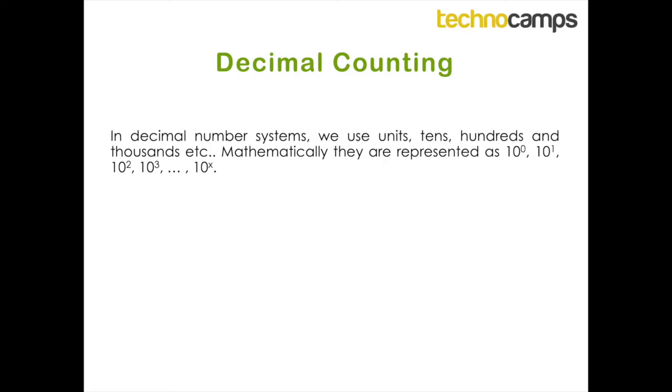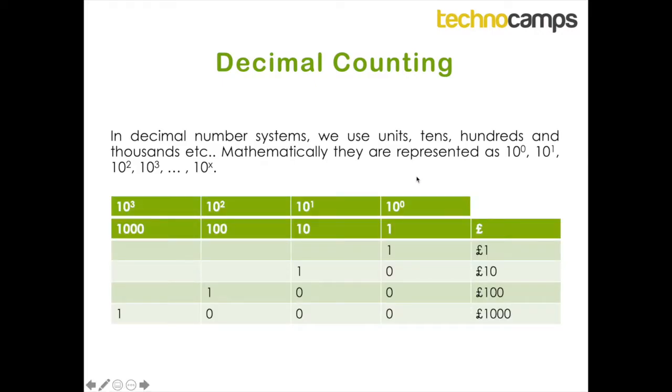Mathematically, they are represented as 10 to the power of 0, units, 10 to the power of 1, tens, 10 to the power of 2, hundreds, 10 to the power of 3, thousands, etc. I've used a table to represent exactly what I mean. Any number to the power of 0 will always be 1.